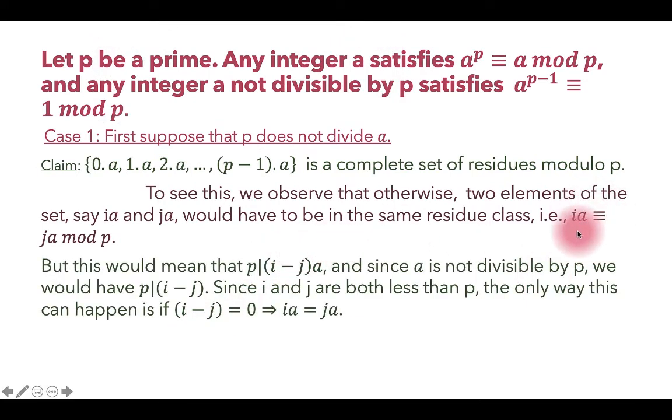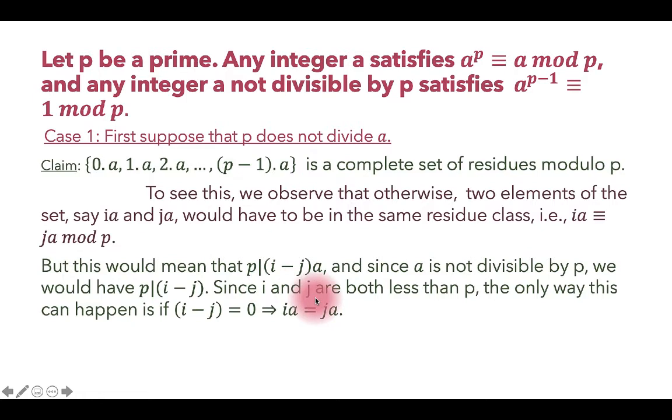But this relation would imply that the difference IA minus JA will be a multiple of P. That is, P divides I minus J into A. But we know that P and A are relatively prime to each other. That is, we have already assumed that P does not divide A. Hence, if P divides this product, this would imply that P must divide I minus J. But we know that I and J are members of the set 0, 1, 2, etc., P minus 1.